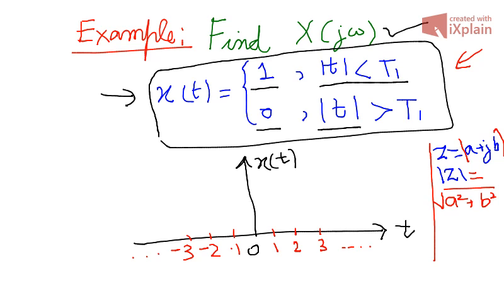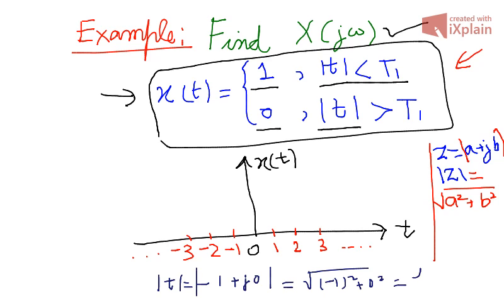Similarly, we can write any value of t on this axis, whether negative or positive. Suppose I take t equal to -1. To find the mod of t, you can write it as -1 plus j0. Using the same expression, you get the square root of (-1) square plus 0 square, which is 1.